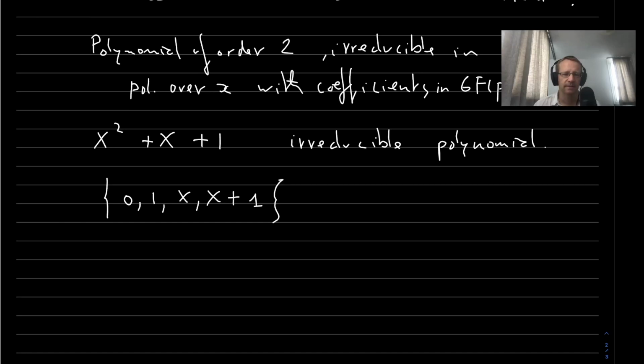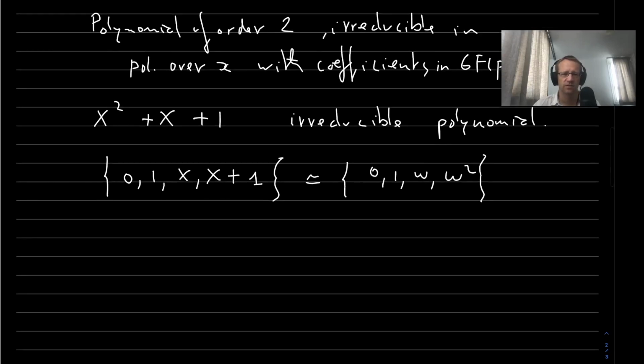And why is that equivalent to the field of elements with these elements? Well, we can identify x with omega, but then we should somehow identify x plus 1 with omega squared. Well, why is this the case?